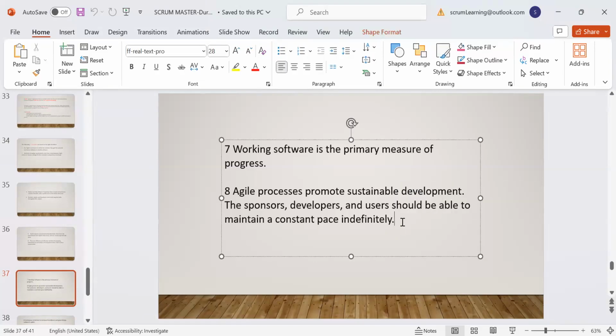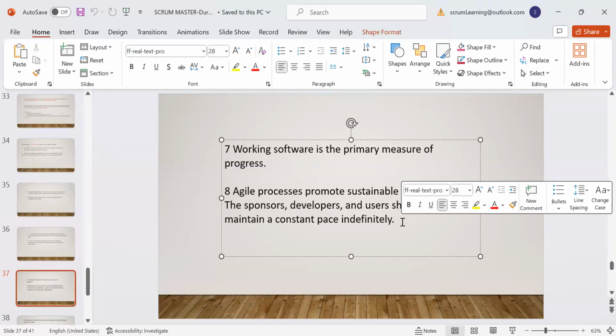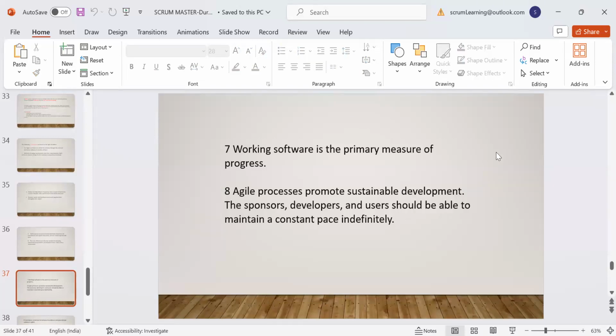That means it's not like a time box of only 2 to 3 weeks or 1 month, where we do the work, then close it, and maybe after a requirement comes we look into it again. No, that's not the way. Here the agile process means we should have a constant pace of working.